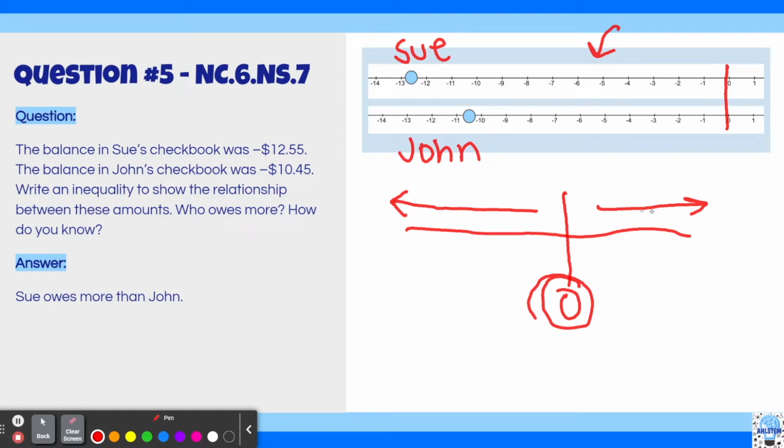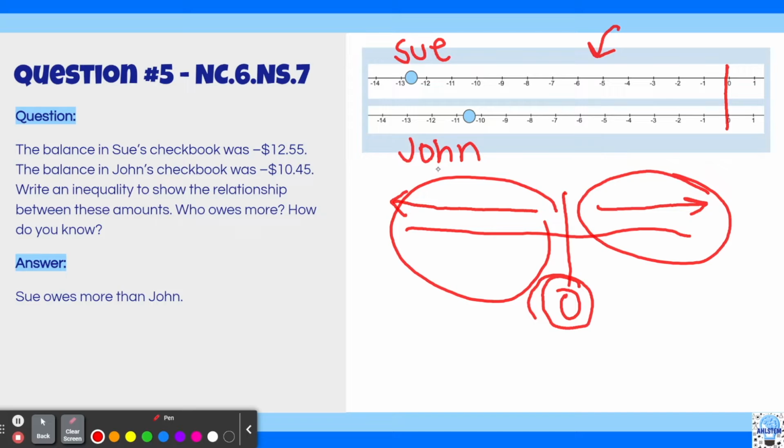I'm sorry. That's talking only about the right side. On the right side, the closer you are to 0, the smaller your number is. On the left side, which we are talking about in this case because these two people's money values in their checkbook is on the left side, the closer you are to 0, the higher the value of your number is. Okay?